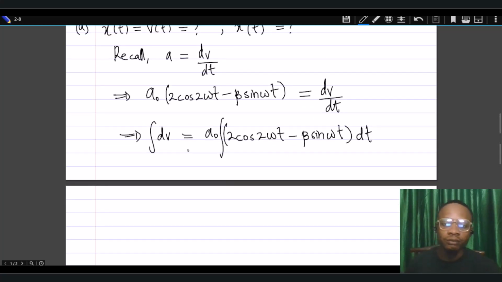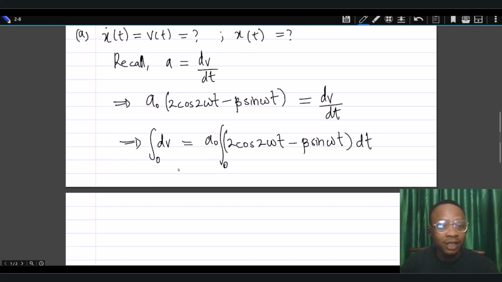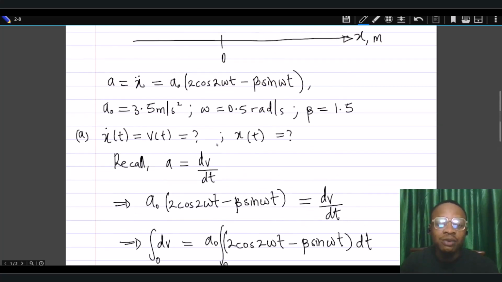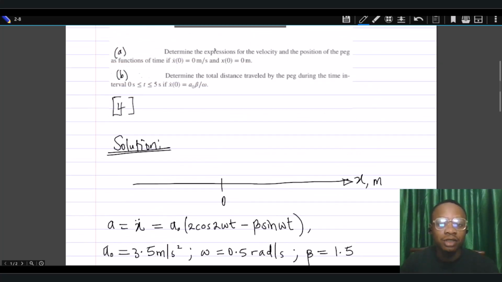So because all of these constants are already known, we already have them up there, we can just insert this directly. So at time t equal to 0, velocity is 0. This is being integrated with respect to time, so we'll put in the initial value of 0, and when velocity is 0. It doesn't mean we always have to put 0 here. Please, we just have to use whatever initial condition we have available.